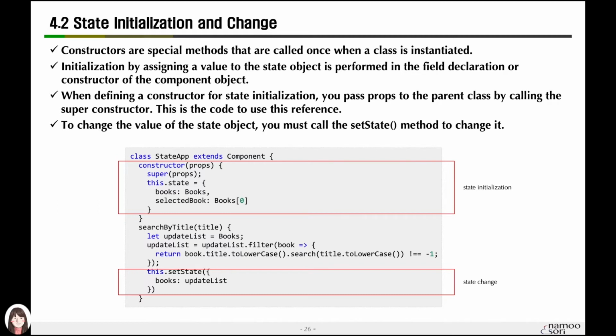As you can see, initialization can proceed like this. If you need to change the value in this state, as you can see, a method called setState is used here in the box below, and then setState updates the data in the state.